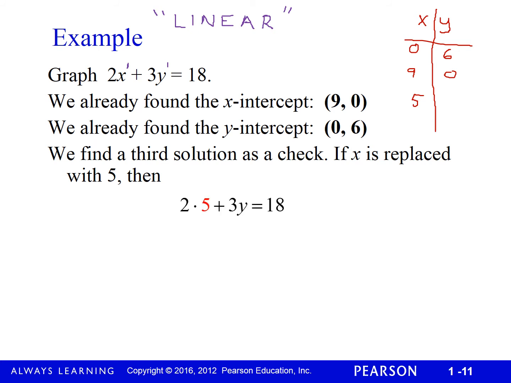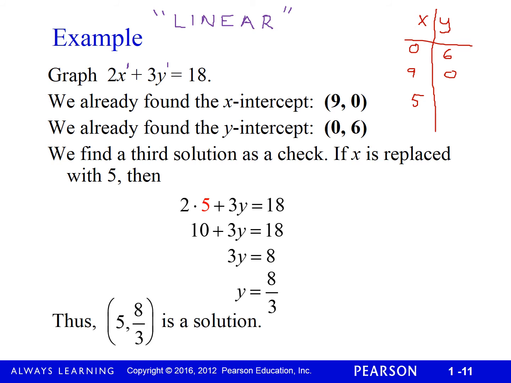We make the substitution. 10 plus 3y equals 18. Subtract 10 from both sides. 3y equals 8. Divide both sides by 3. We get 8/3, or 2 2/3, as the y value. 2 2/3. And so that's also a solution. So now we've got 3 points and we can draw a graph.